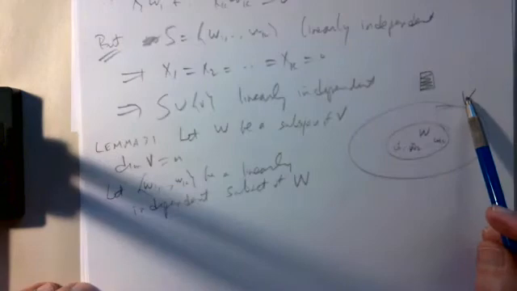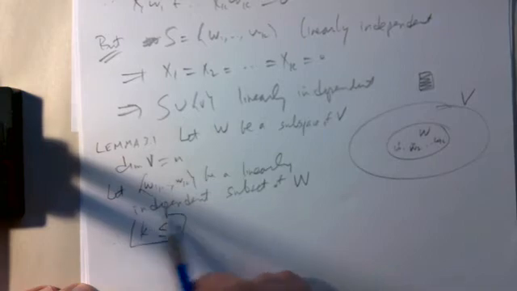That is, V is generated by a set with n elements, so K is less than or equal to n.